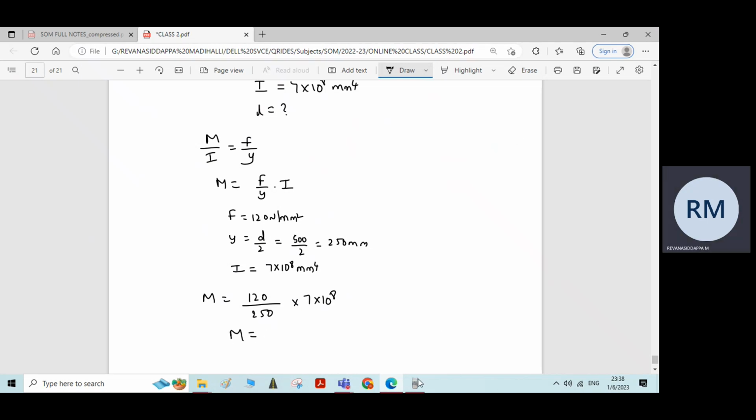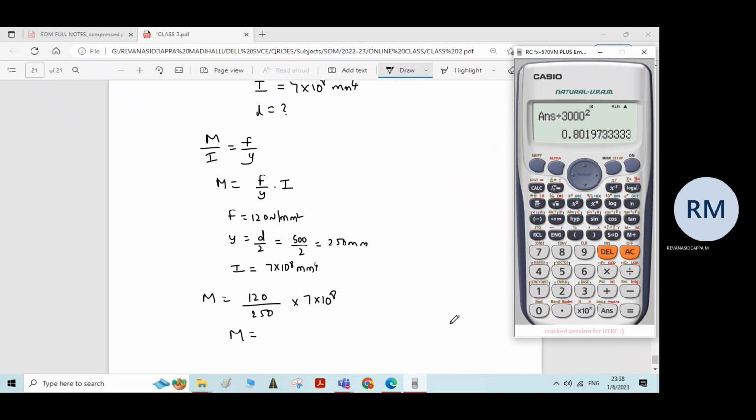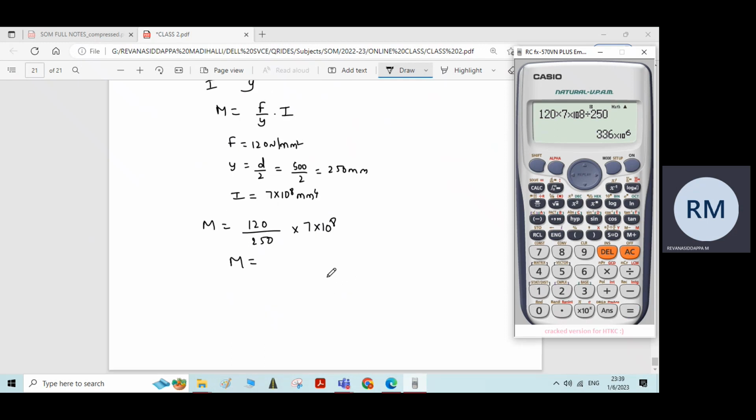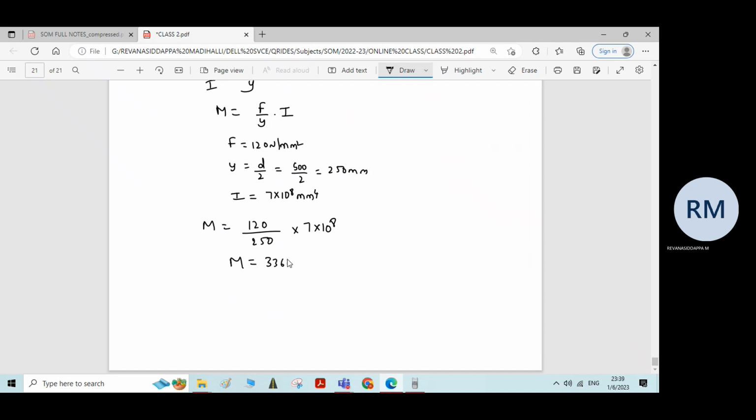Therefore, M is equal to 120 into 7 into 10 power 8 divided by 250. It is how much? 336 into 10 power 6 Newton millimeter.